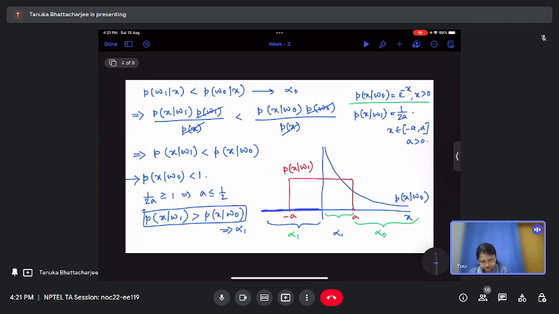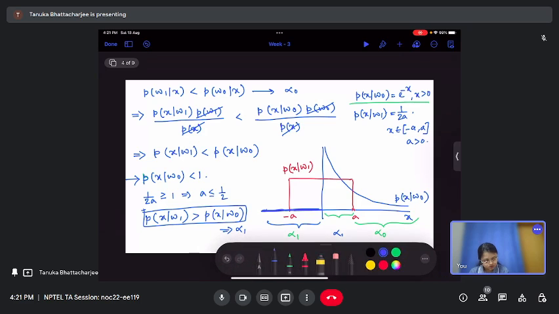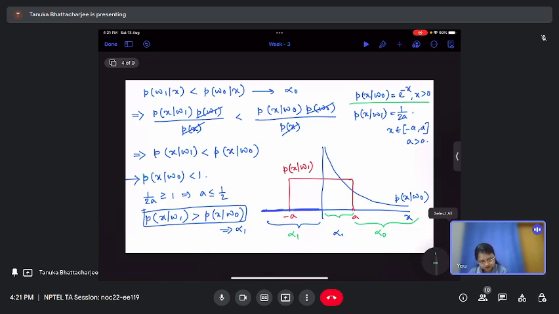If I write one final statement for this case: if a is less than or equal to half, you will take the action alpha 1, that is, you will say that x is an element of class omega 1 if x is less than or equal to a, and otherwise you will take the action alpha 0, that is, x is an element of class omega 0.